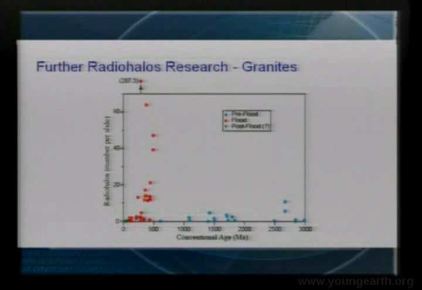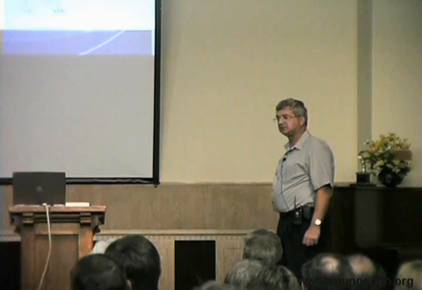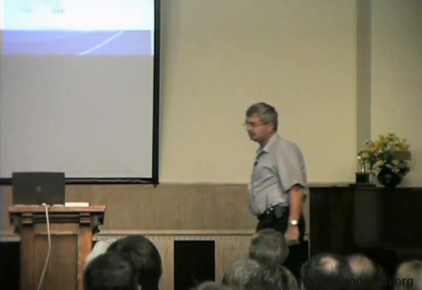And just for a ballpark, if you decide that the pre-Cambrian granites, older than 600 million years, are pre-flood, and the granites above that are flood, and you might get a few at the end of the flood, notice the numbers of radiohalos actually peaked during the flood. Now, why would you think that would be the case? Lots of hot water during Noah's flood.